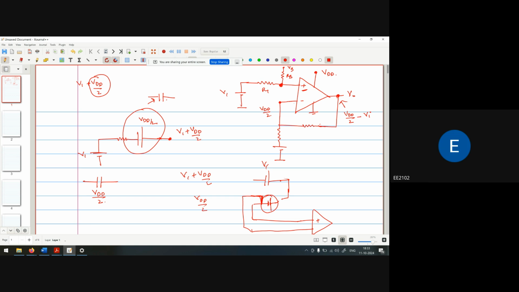There is no need for two different batteries. So this is the basic reason why we use a capacitor. Now this capacitor is called the coupling capacitor. Any doubts?